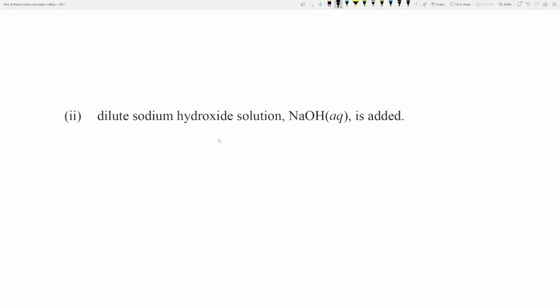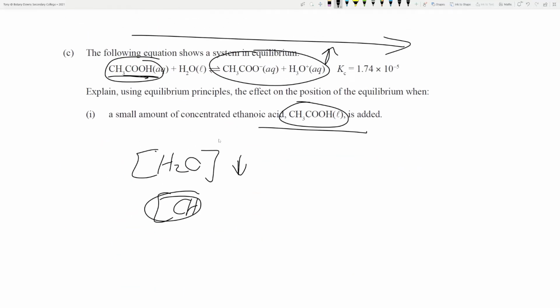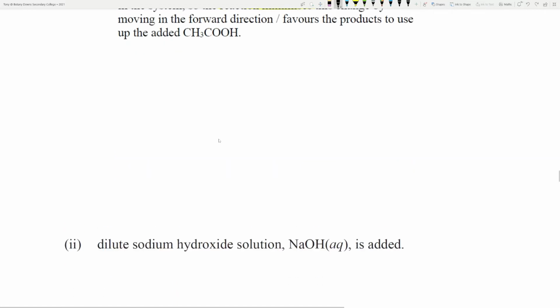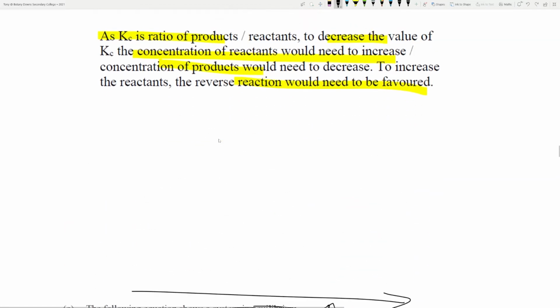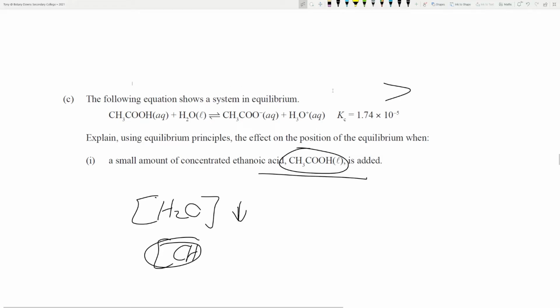Now if we add dilute sodium hydroxide, let's look at this equation again. We are adding NaOH.